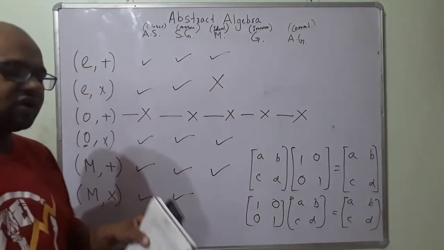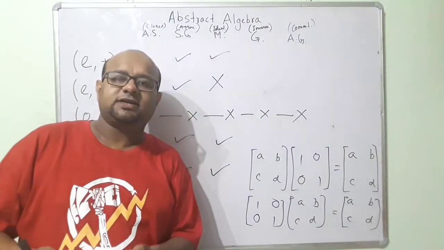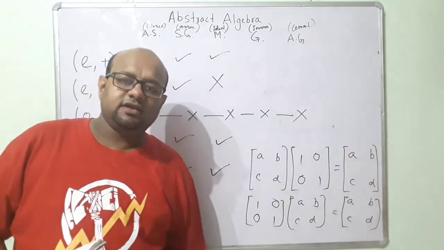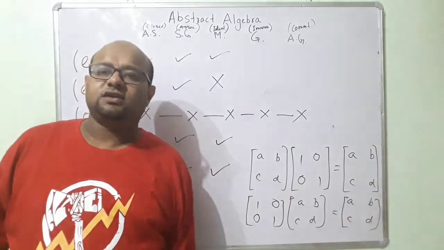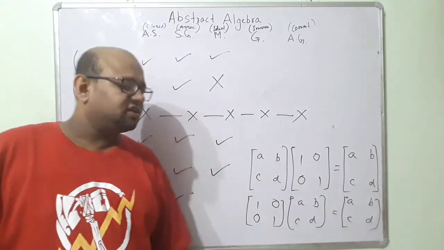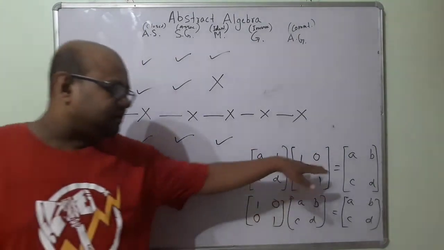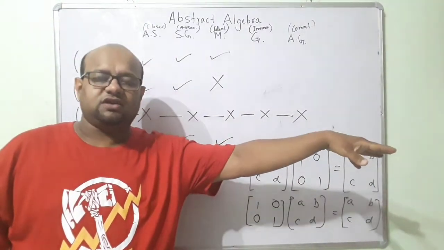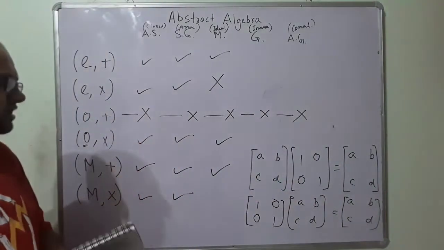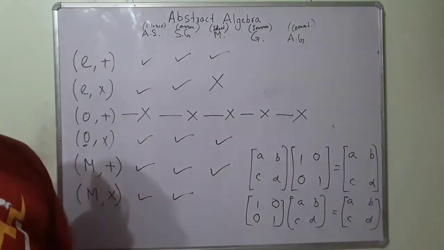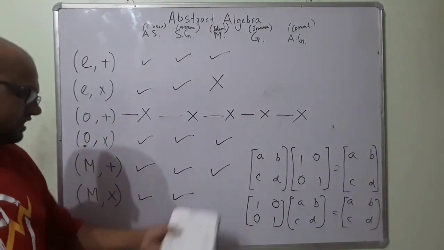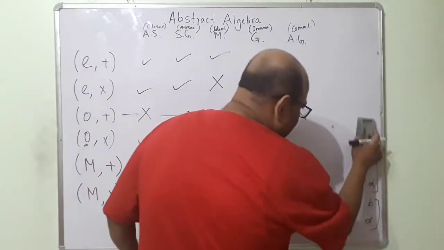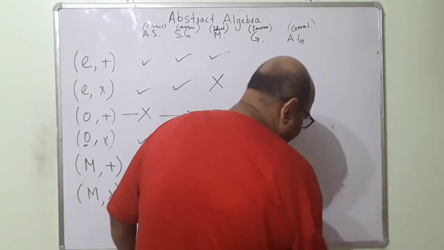So you hopefully have studied what the identity matrix is in linear algebra, or back in higher secondary when you were studying matrices. So the identity matrix, when I multiply with any other matrix, I will get back that matrix. So the identity matrix is the multiplicative identity in the case of matrices. And the identity matrix belongs to the set of matrices.